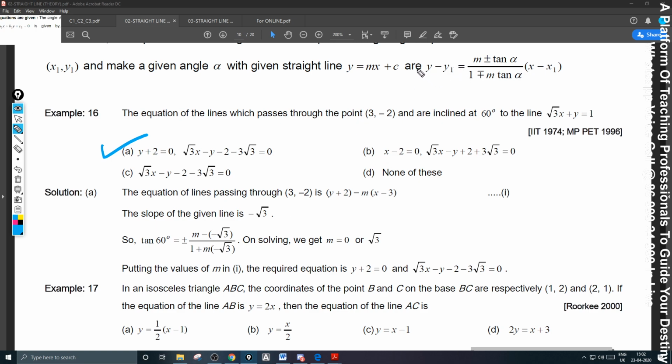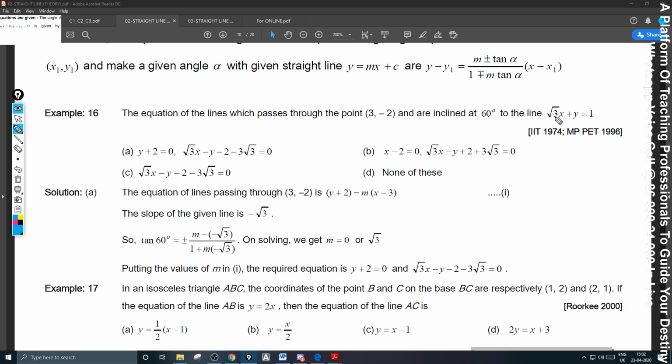Here, remember, we have not used this formula. If you want to make use of this formula, and you are a good memory champion, then you replace x1, y1 with (3, -2), x1 as 3, y1 as -2, and m we don't know, m is plus or minus tan alpha.